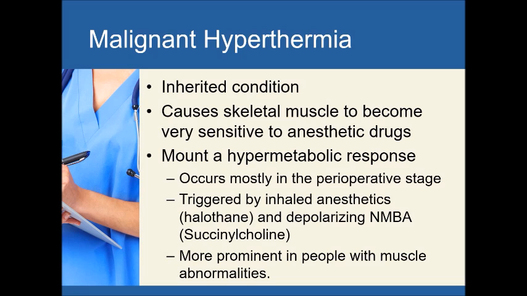It occurs in the perioperative stage, that means the stage where the patient is in the actual operation, where the anesthesiologist is giving the anesthesia. It's triggered by inhaled anesthetics such as halothane and some depolarizing paralytics such as succinylcholine. It seems to be more prominent in people with muscle abnormalities, such as a patient with myasthenia gravis, for example.